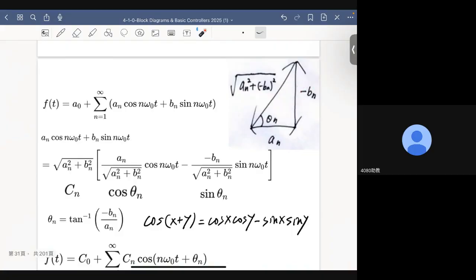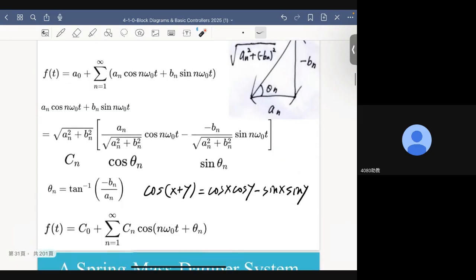Apparently, if this is the case, BN has to be a negative number because the length of a side of a triangle cannot be negative. In any case, if this is AN and this is minus BN, then this is AN squared plus minus BN squared, and after having the sum, you take the square root.